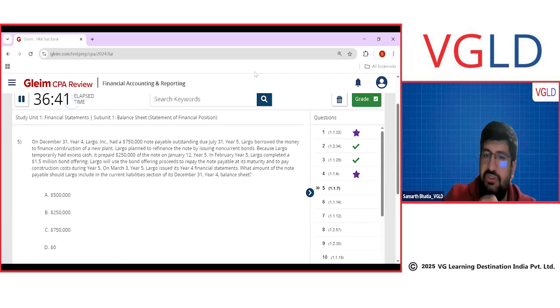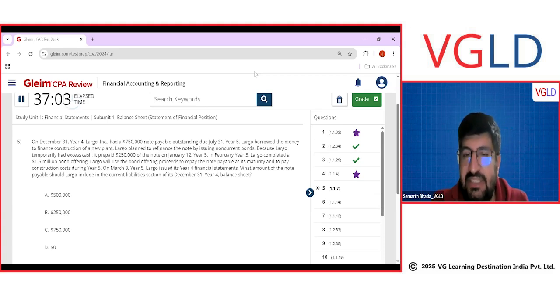Guys, let's do this question and then we will start with the next point. On December 31, year 4, Largo Incorporation had 750,000 notes payable outstanding due on July 31, year 5. Largo borrowed the money to finance the construction of a new plant. Largo planned to refinance by issuing non-current bonds.